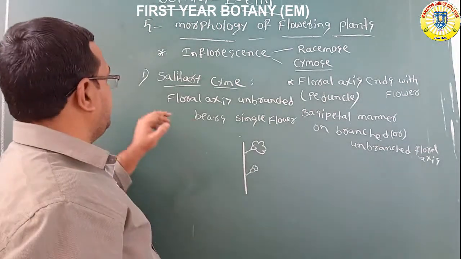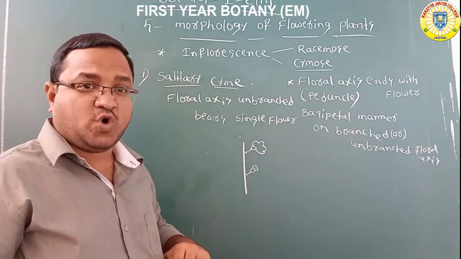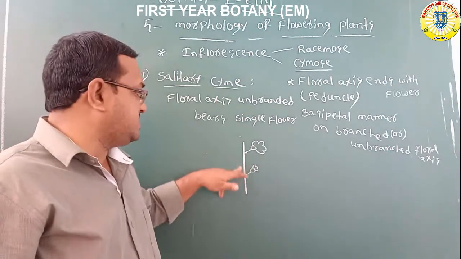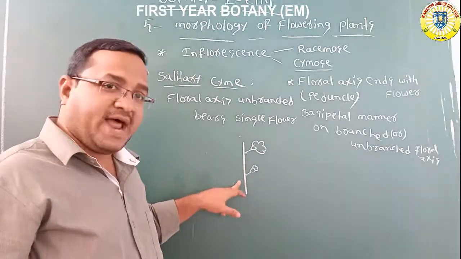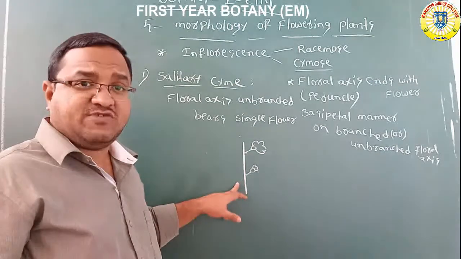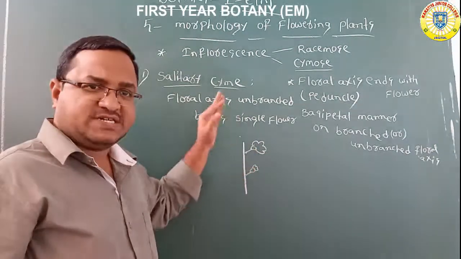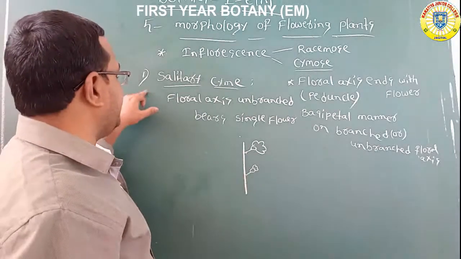So here solitary cyme means the floral axis ends with only a single flower. There are no branches in the floral axis. On the unbranched floral axis, the peduncle, flowers are arranged in basipetal manner, meaning top to base. So this is called solitary cyme.